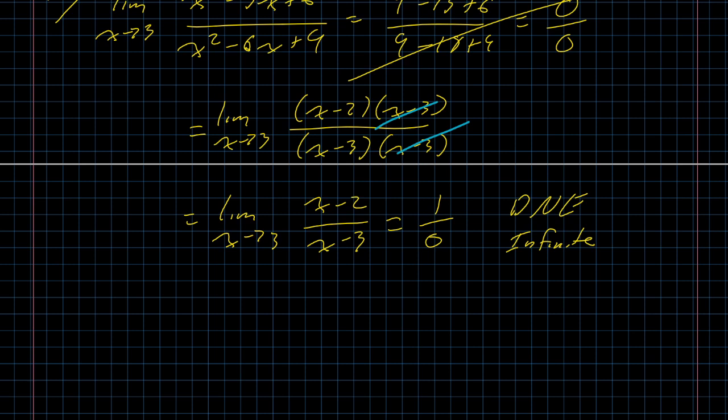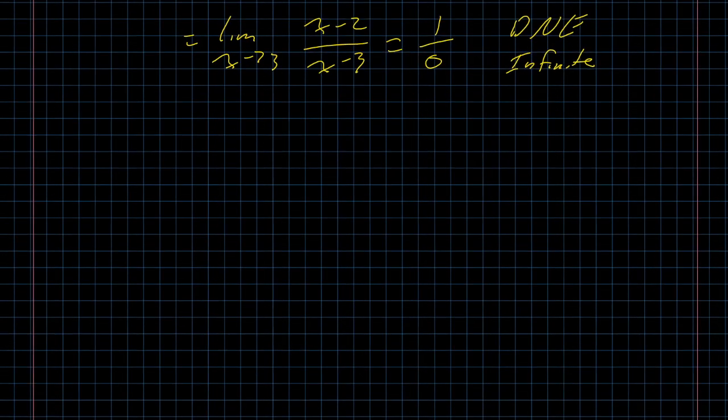So the function approaches either positive or negative infinity as x approaches 3. We could investigate that further if we wanted to. I don't really care enough to do so. Just knowing that this is a stopping point, a place where we know that a limit does not exist, is good enough.